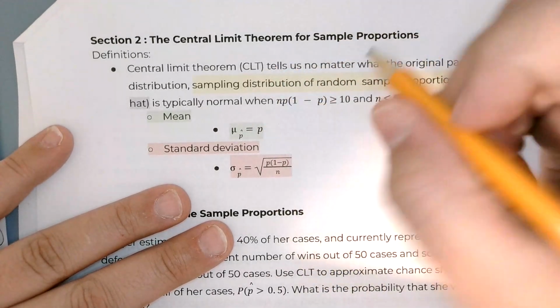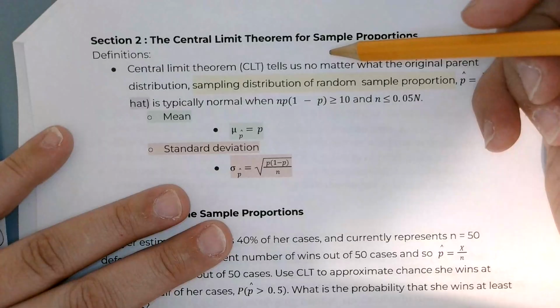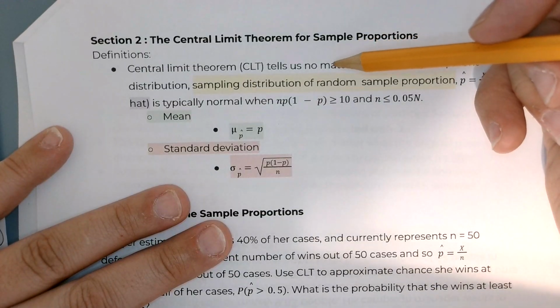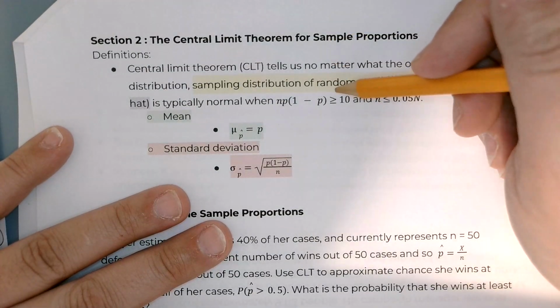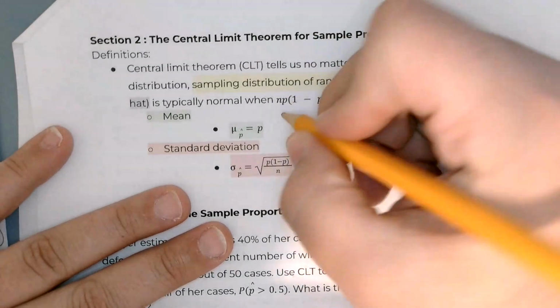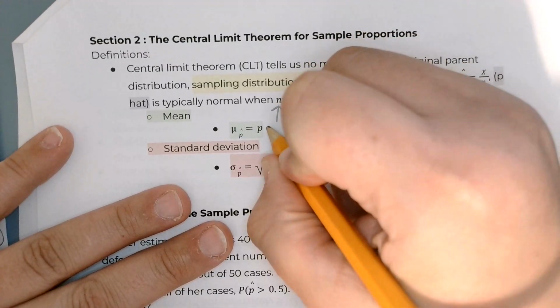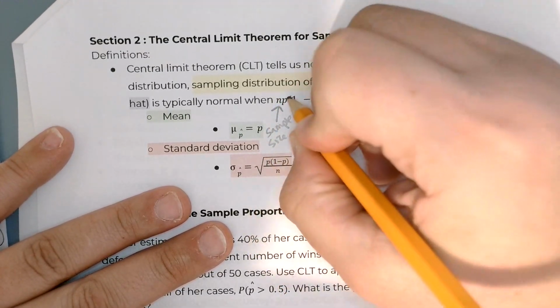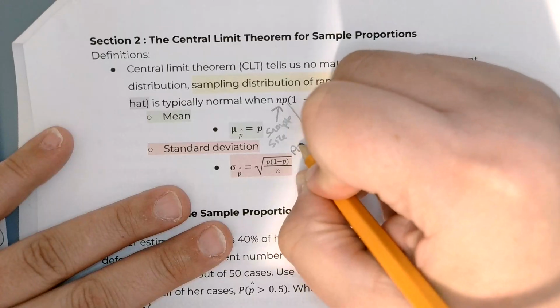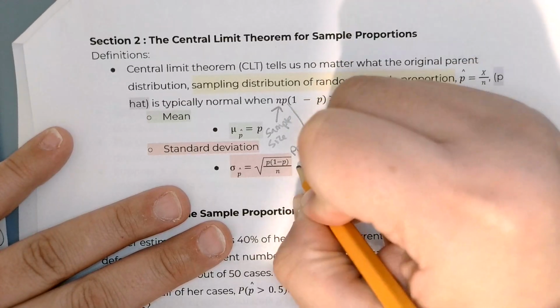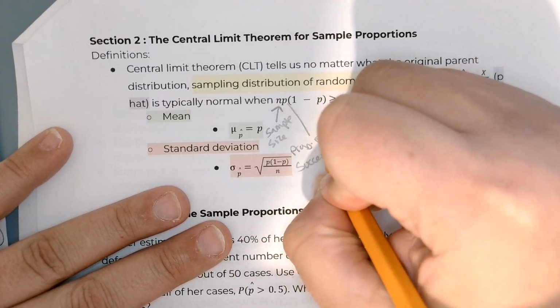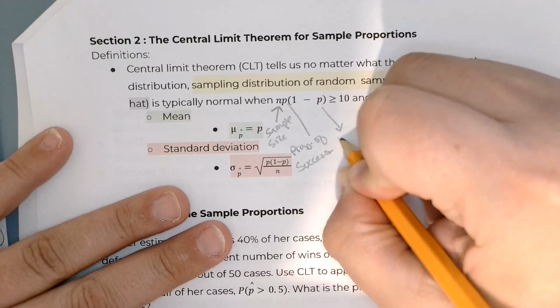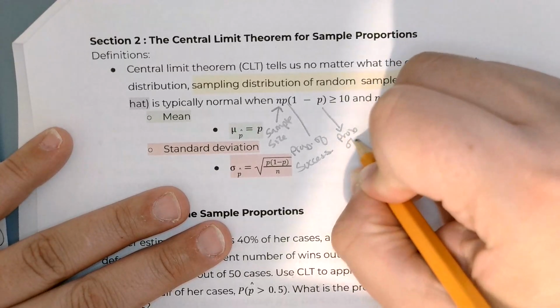The sample size times the probability of success times the probability of failure has to be greater than or equal to 10, and I can write that in for you. That's the sample size times the probability of success times the probability of failure.